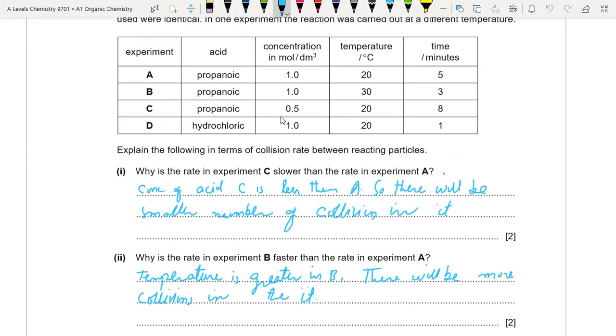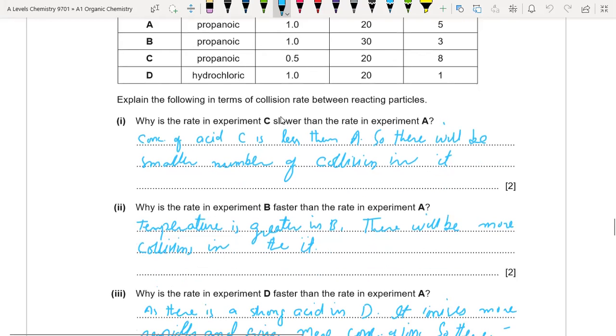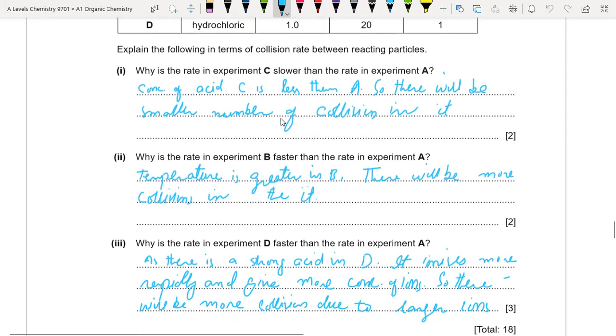Why is the rate in experiment B faster than the rate in experiment A? Temperature is greater in B, so there will be more collisions than in A. Why is the rate in experiment D faster?